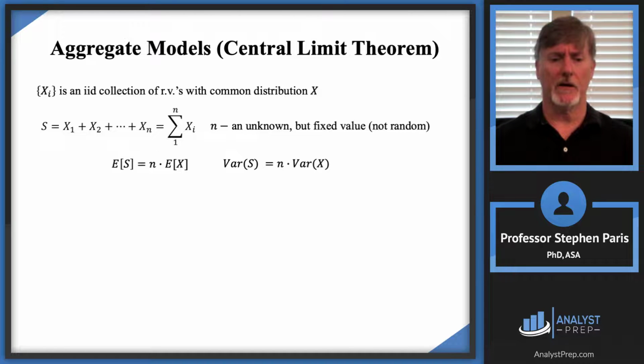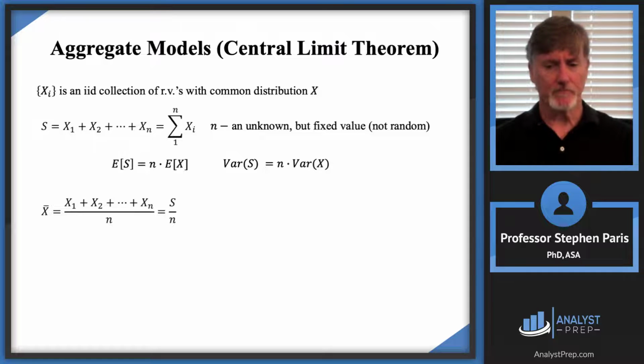And then cap S is going to have an expected value of n times the expected value of cap X, and the variance of cap S is going to be n times the variance of cap X. So that comes from the independent and identically distributed collection part. And then I have this other random variable, cap X bar, the distribution of sample means, and it can be listed out this way.